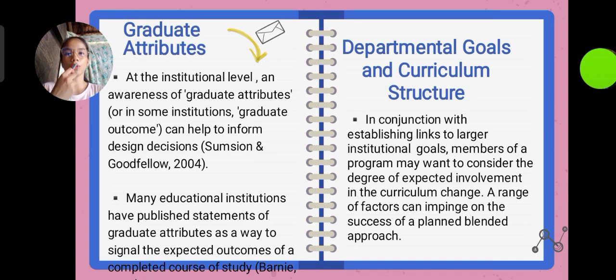In graduate attributes, at the institutional level, an awareness of graduate attributes, or in some institutions graduate outcomes, can help to inform design decisions, according to Sumsion and Goodfellow, 2004. Many educational institutions have published statements of graduate attributes as a way to signal the expected outcomes of a completed course of study.